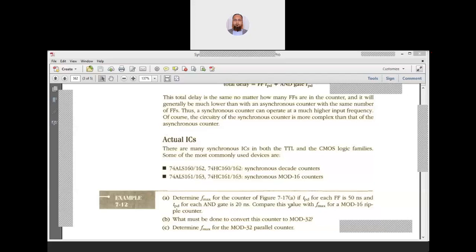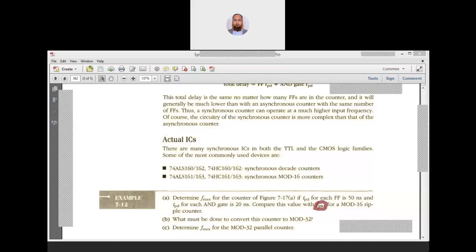Compare this value with F max for a mod 16 ripple counter. First you have to calculate the F max for this synchronous counter, and after calculating it, compare it with the mod 16 ripple counter.